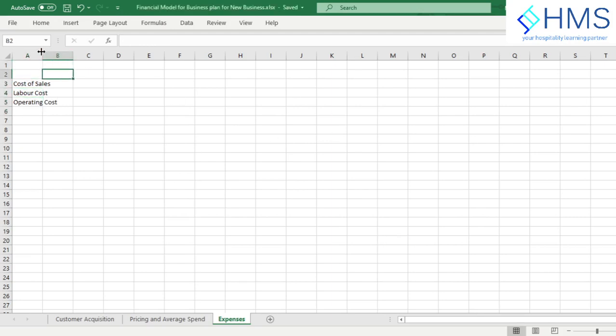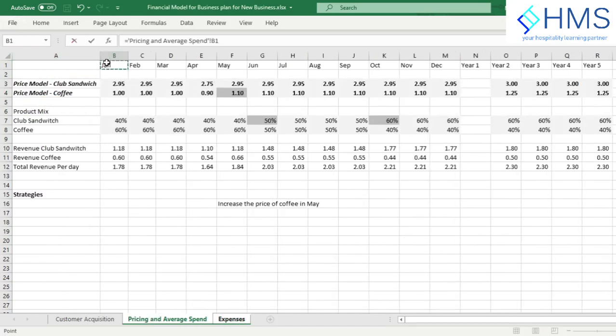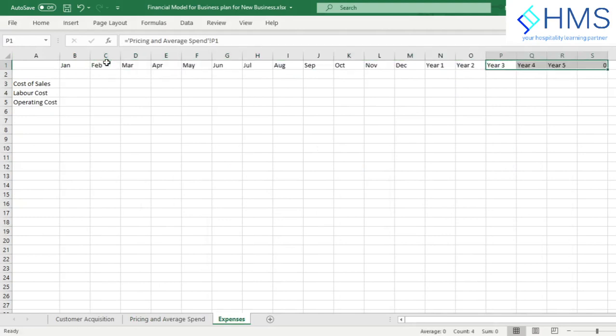We are going to look at it again by month, so we can link it by the months here, then year 3 and year 5. Then the cost of sales, and the total cost of sales will be here.